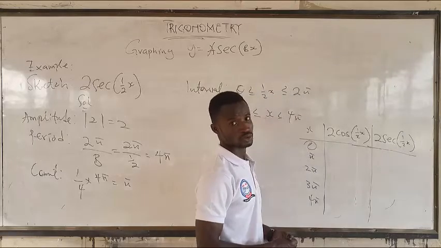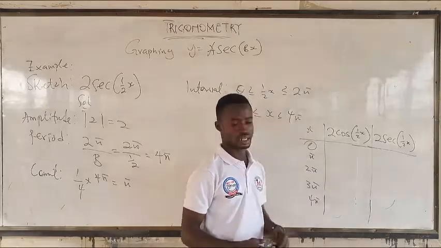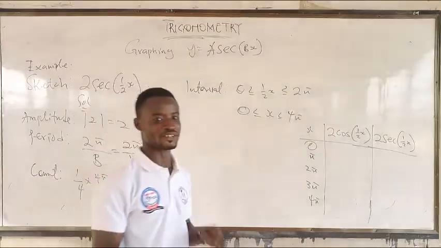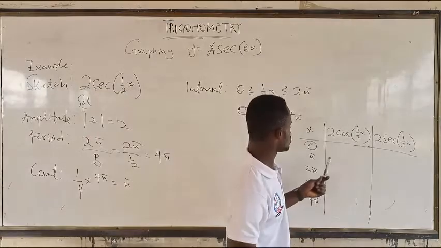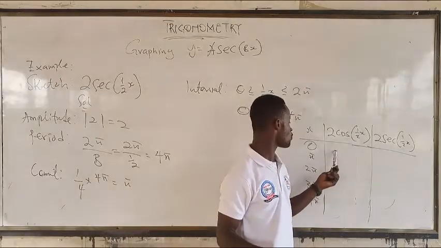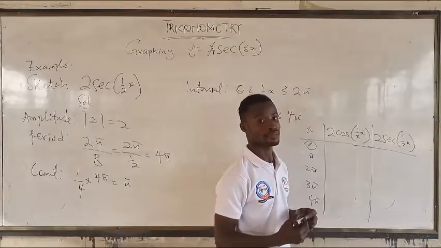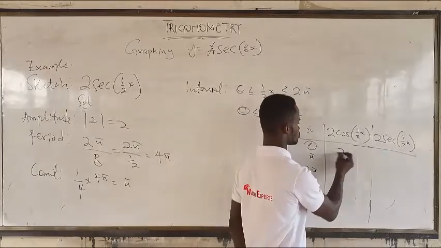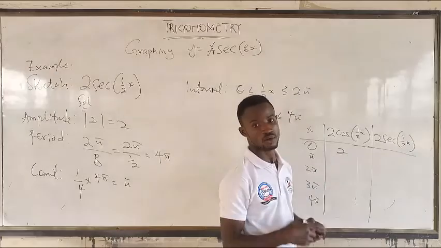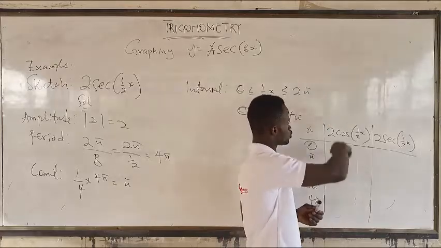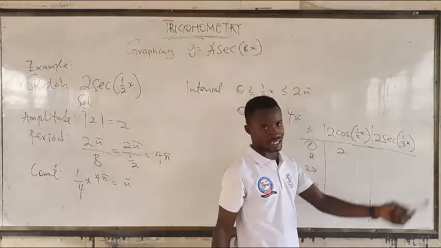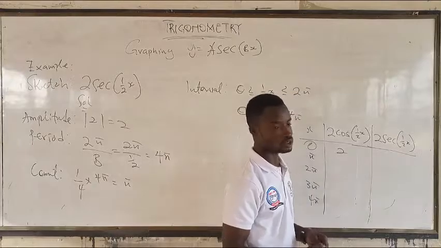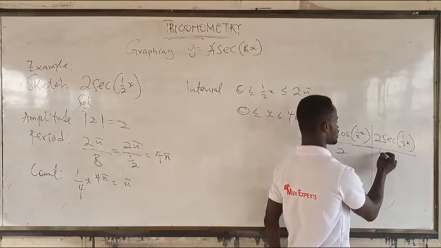Alright, very good. So let's look. Take your calculator. For 0, you are going to get 2. And 1 over 2, that will be for the sec, so you are going to get half.